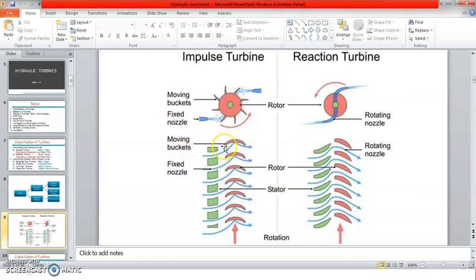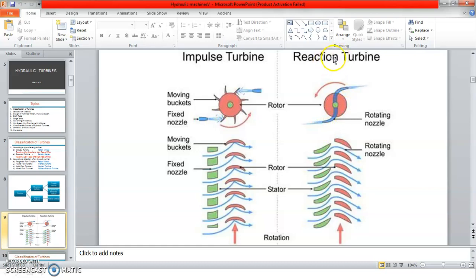These buckets are moving. So the nozzle is fixed and buckets are moving. You can see this diagram, right? The rotor is rotating due to the impact of the jet on it.